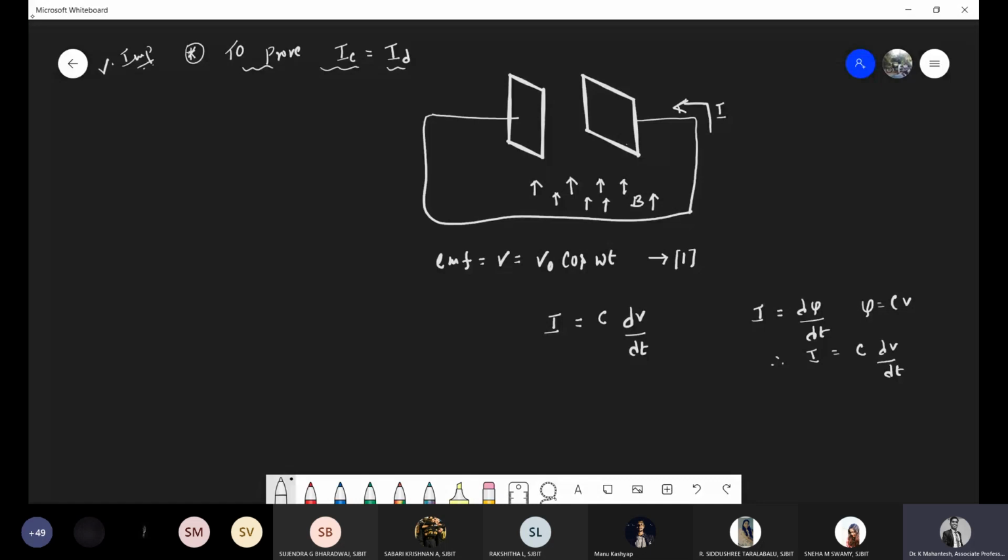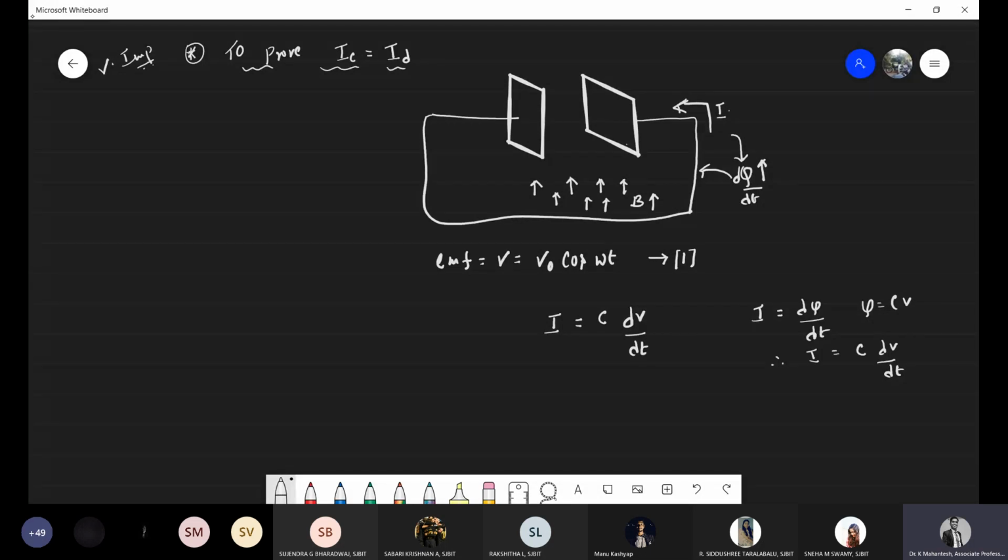Whenever this closed loop is excited by a varying magnetic field, it induces an EMF due to the charges which are now in motion. These charges gain some speed, some displacement, and that produces a current. So I can relate this current to the charges which tend to move due to this magnetic field.